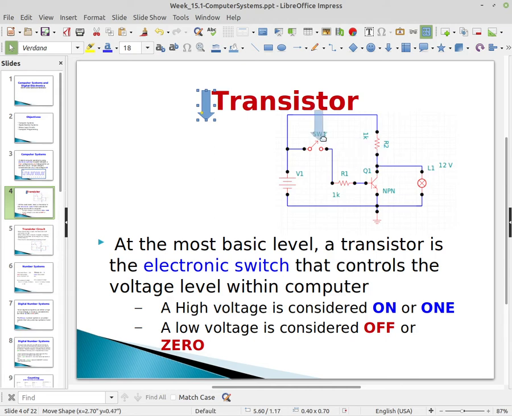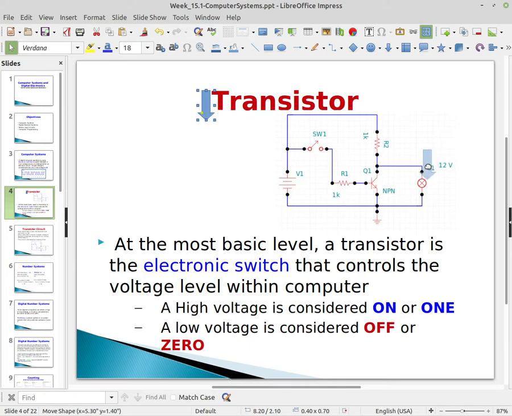So when this switch closes, that turns Q1 on, which actually sets it to a low voltage. It's not a 0 voltage, but it's a very small voltage, usually about 0.2 volts. And therefore this signal here, the L1 stands for a light. I don't know why it says 12 volts there.